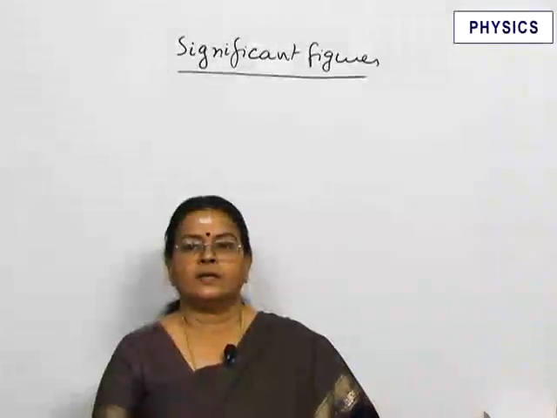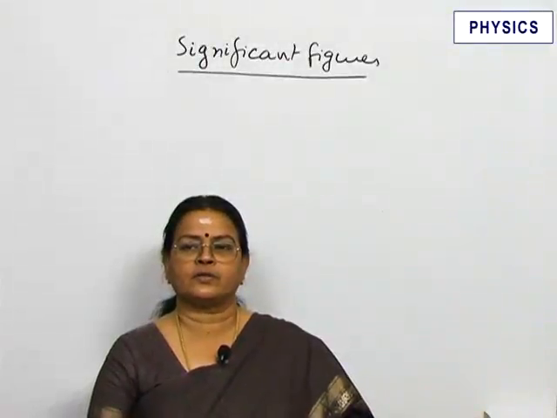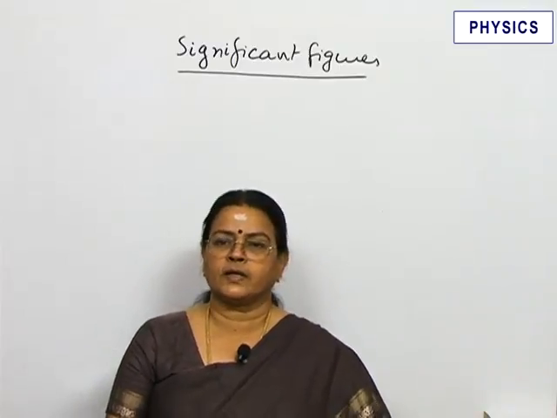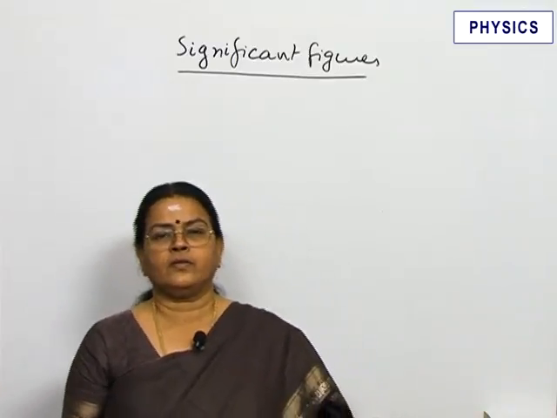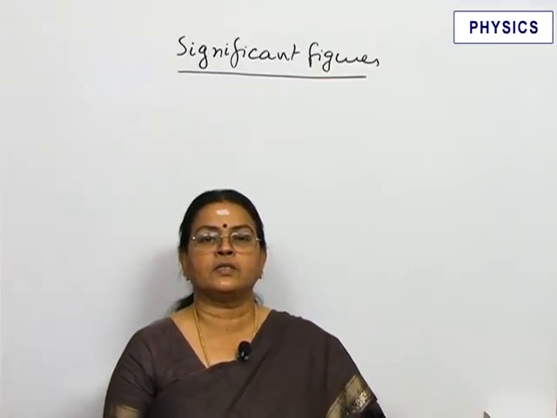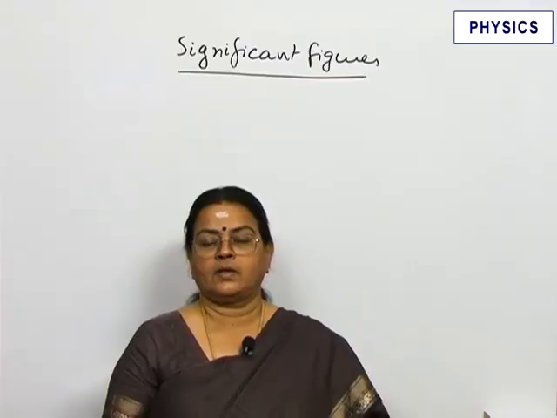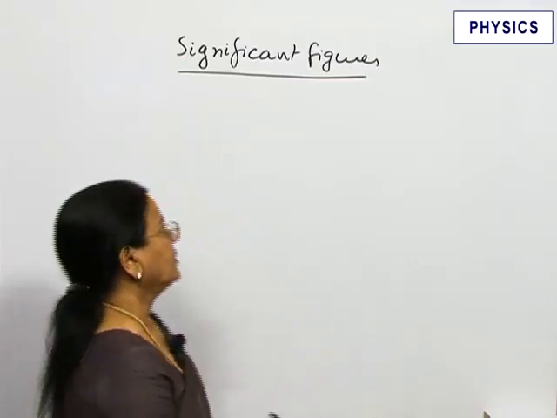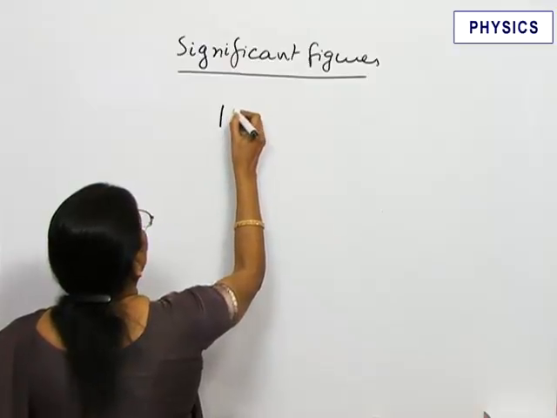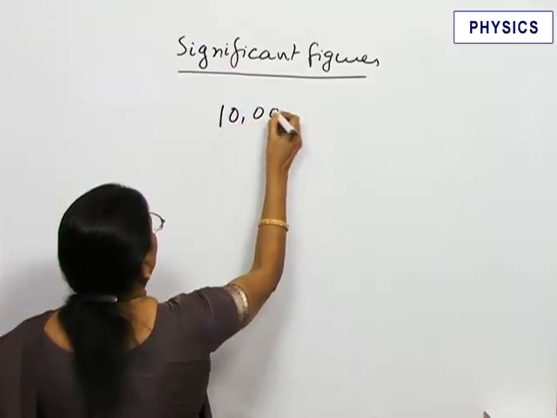Now I will explain the concept of significant figures and how to do mathematical operation rounding off to correct significant figure. The significant figure refers to the number of significant digits in a measurement, the accuracy of measurement. Suppose we write a number as 10,000.